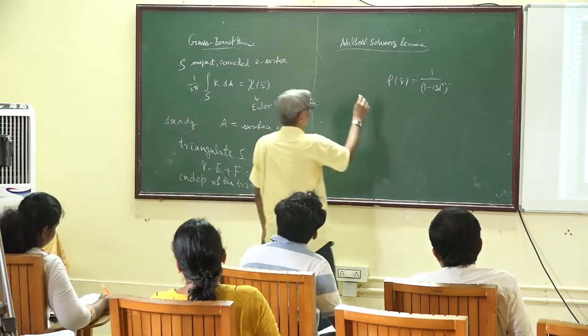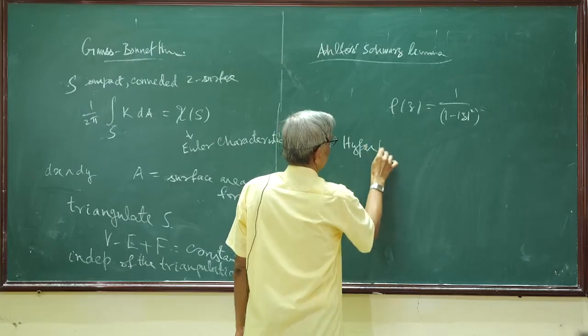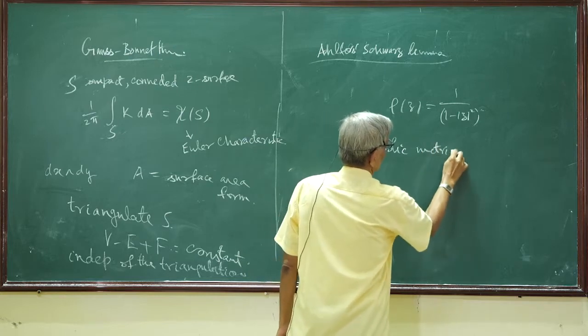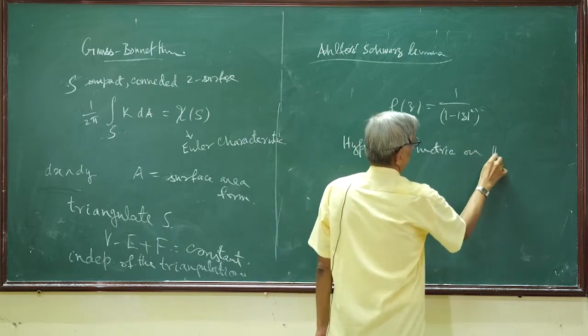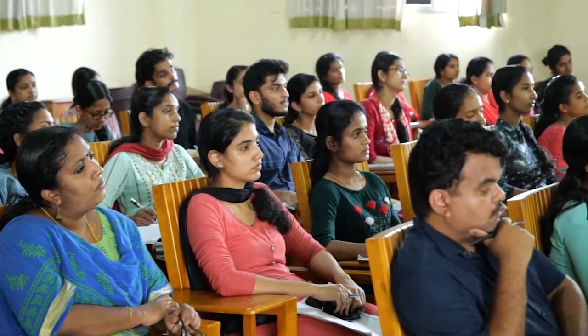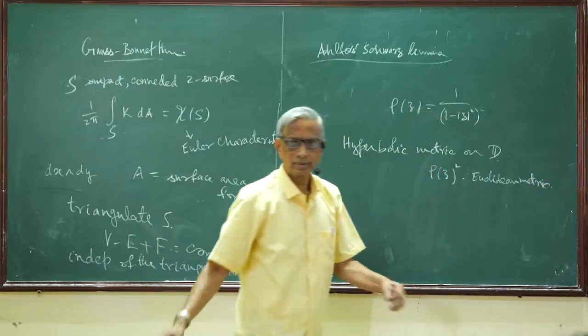So a hyperbolic metric on D is given by the Euclidean metric times that factor. Right?